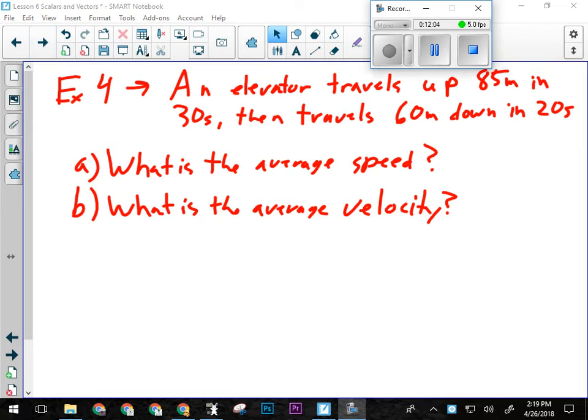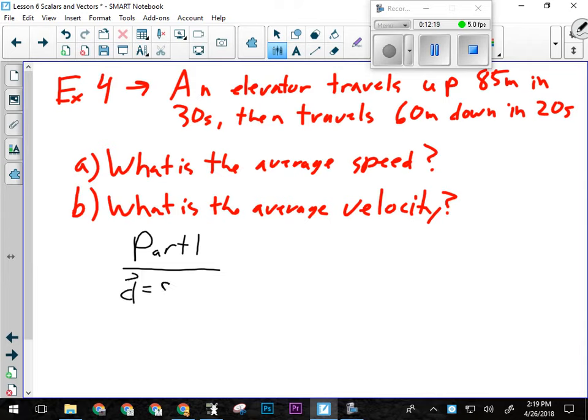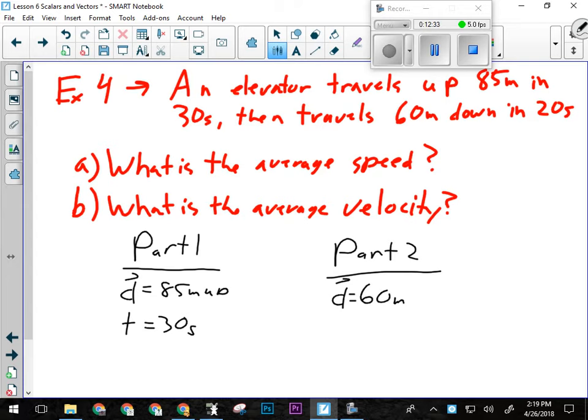Okay, in the bus question, I'm not going to do the whole thing here, but I'll give you some tips for starting it. We said that we want to break this up into two parts. In the first part, the elevator is going up. It travels upwards 85 meters, and that takes 30 seconds. And then in the second part, it goes a displacement of 60 meters down, and that takes 20 seconds.